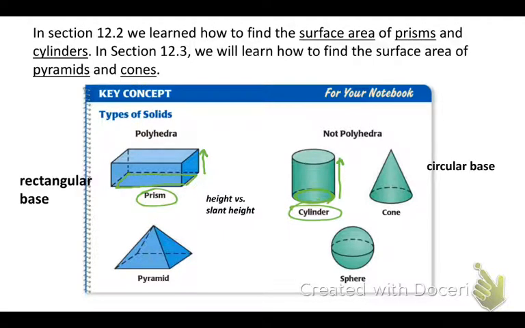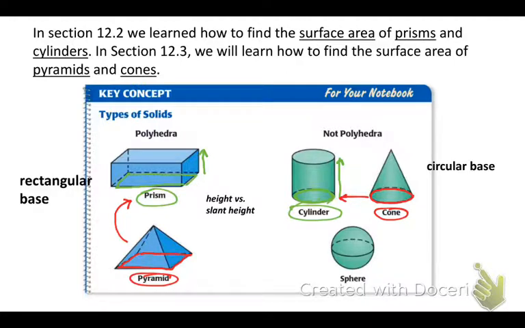So the deal with pyramids and cones, which we're going to be working on today, is very similar. A pyramid, like a prism, has a polygonal base. It can be a hexagon, a square, a rectangle, a triangle, whatever. Similarly, a cone has a base of a circle, just like the cylinder did.